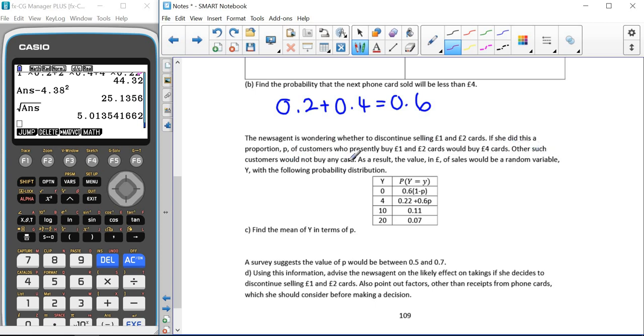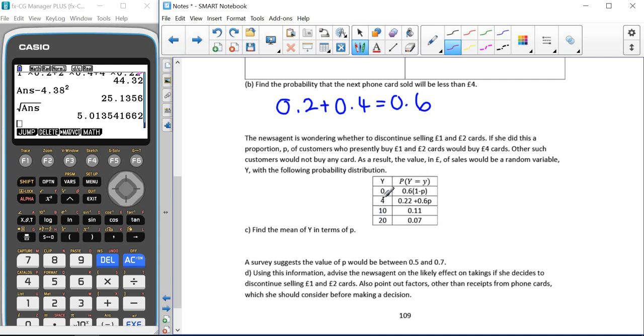Other such customers may not buy any cards because they may decide, oh, you're not selling what I want, I'm going to go somewhere else. As a result, the value in pounds of sales would be a random variable Y, which has the following probability distribution. So this is describing how they feel the sales are going to go.